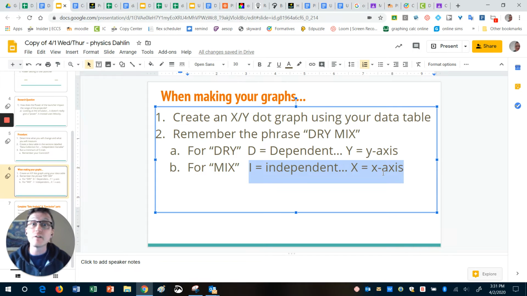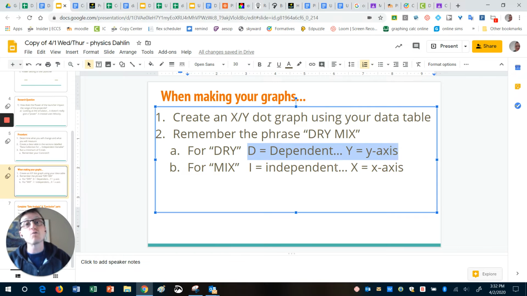The independent variable is what I, as the experimenter, changed. I changed the power or the velocity, and that caused the range to do something else, and that's what I'm looking for. So the range is going to go on the y, and the velocity that we launched is going to go on the x.